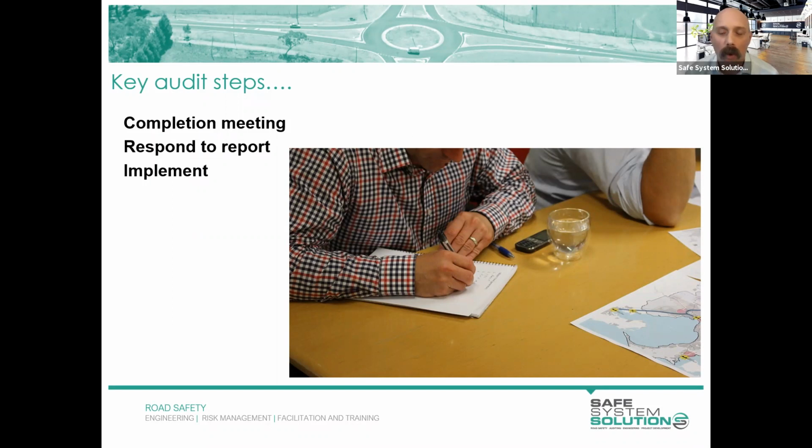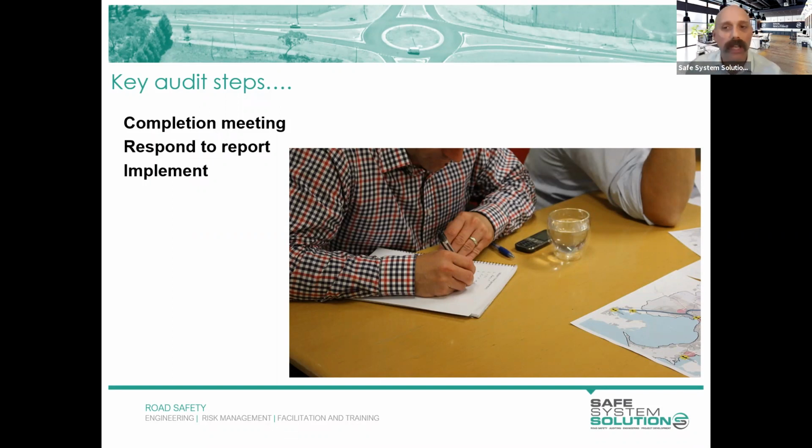Responding to the report. So again, the client then gets this report, and it's up to them to respond and keep records of what they're going to do and not going to do, and why they're not going to do things or they are going to do things. The auditor's responsibility ends after they hand that final report over.